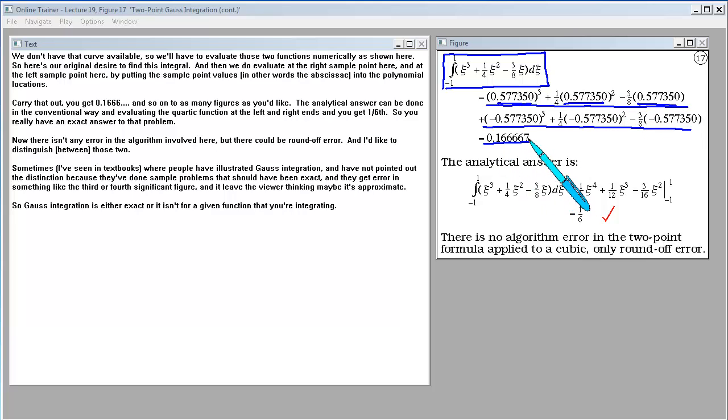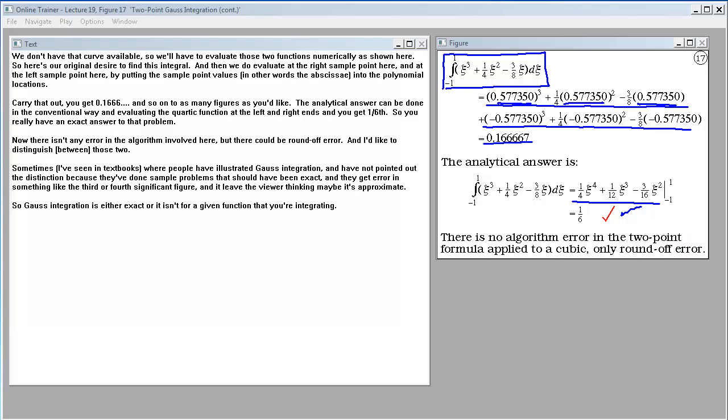Carry that out and you get 0.16666 and so on to as many figures as you'd like. The analytical answer can be done in the conventional way, evaluating the quartic function at the left and right ends, and you get 1/6. So you really have an exact answer to that problem.